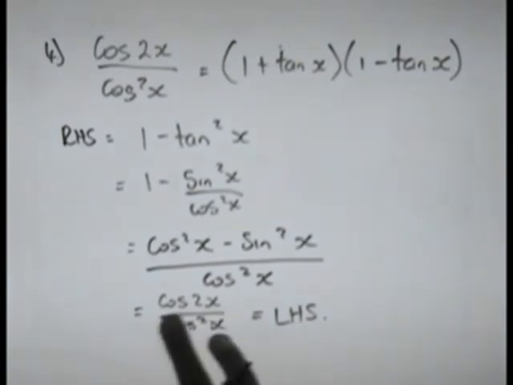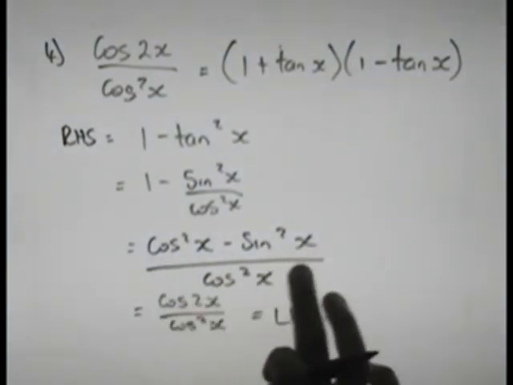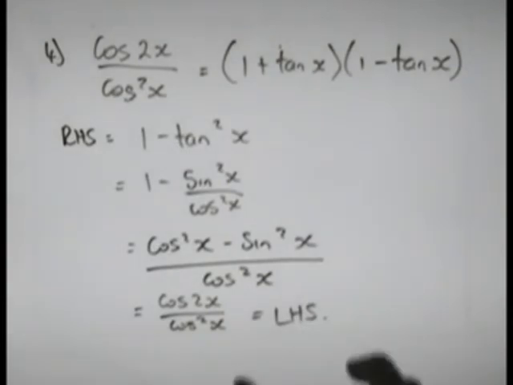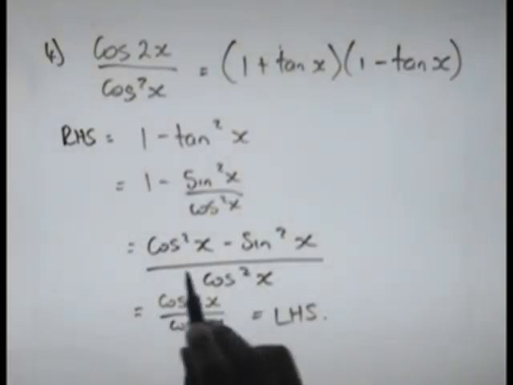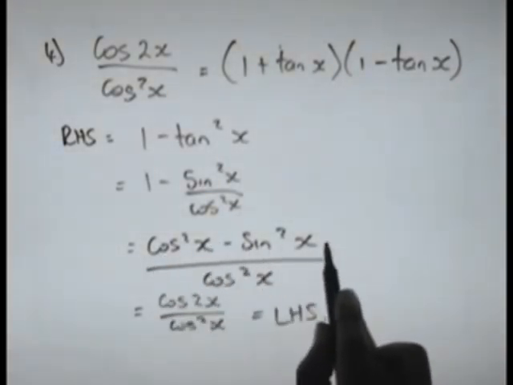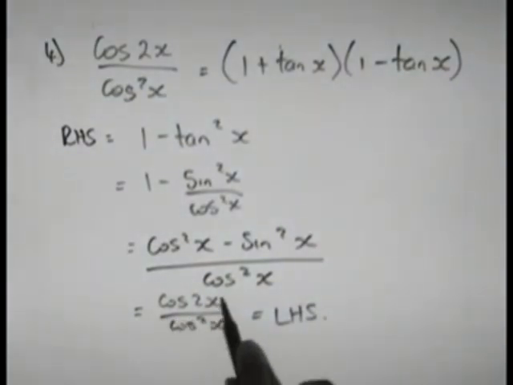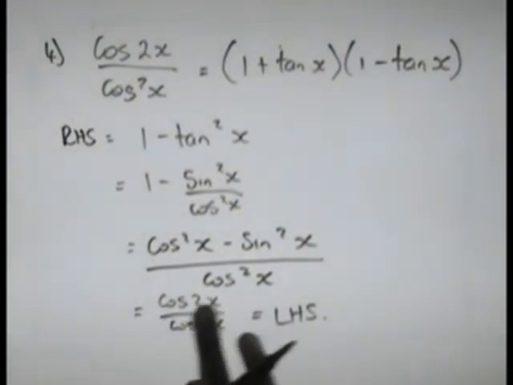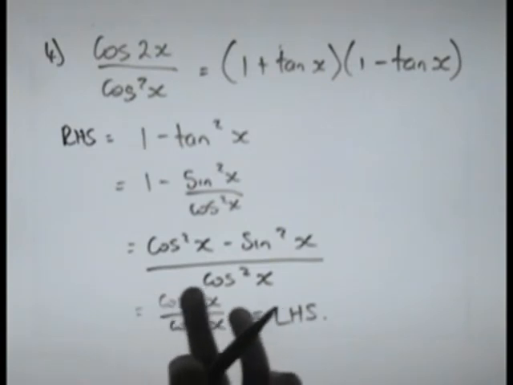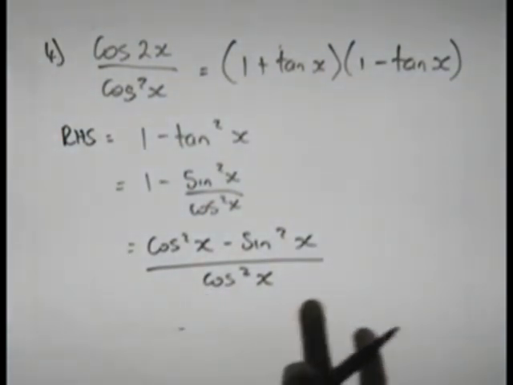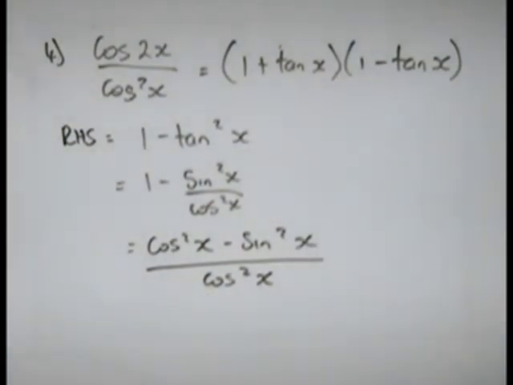Now, if you don't like going backwards from the balance of the equation to the start, for example from cos squared x minus sine squared x to cos 2x, what you could have done in this case was stop your right hand side there.